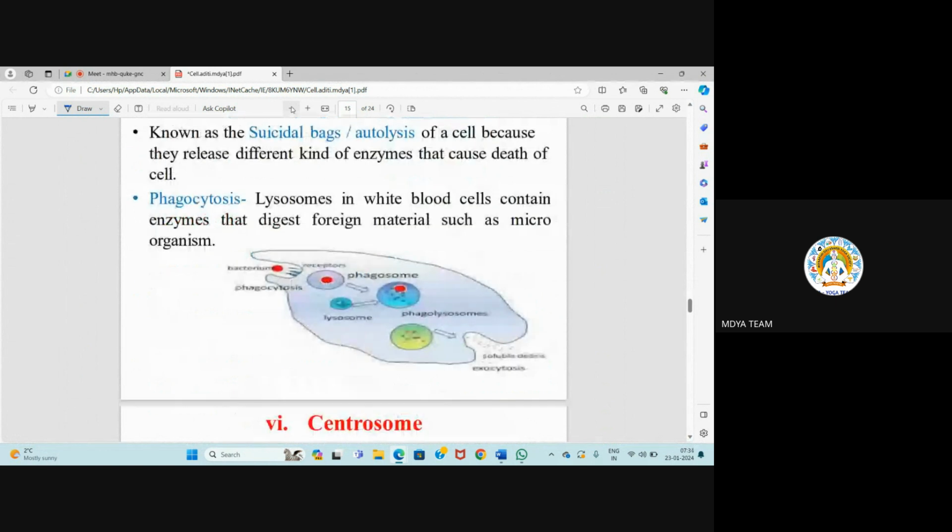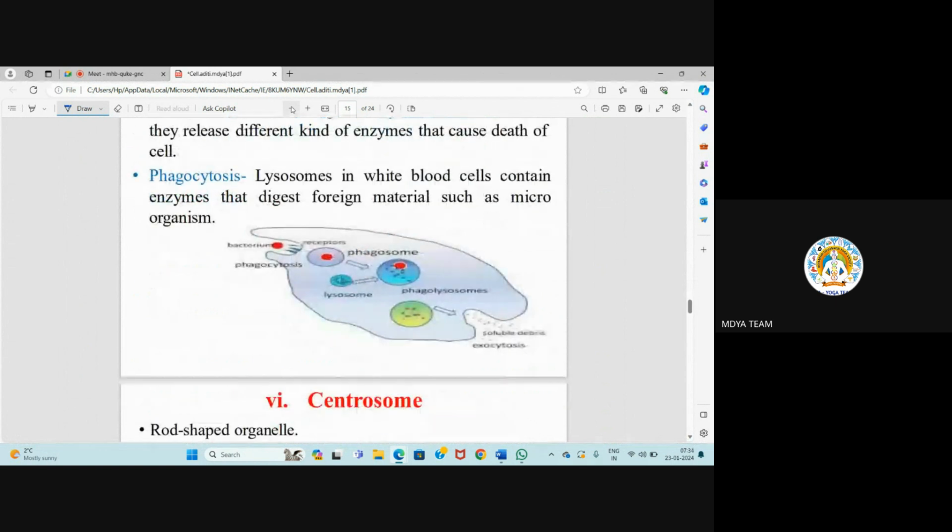Now, phagocytosis. Phagocytosis is a process. Lysosome in white blood cell contain enzyme that digest foreign material such as microorganisms. So I think you know the body defense mechanism. What is the thing or which part of body is responsible for our body defense mechanism?